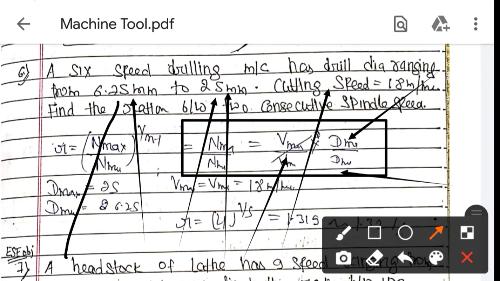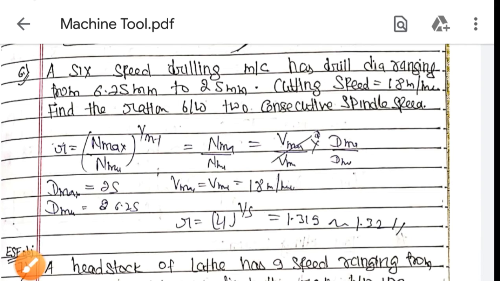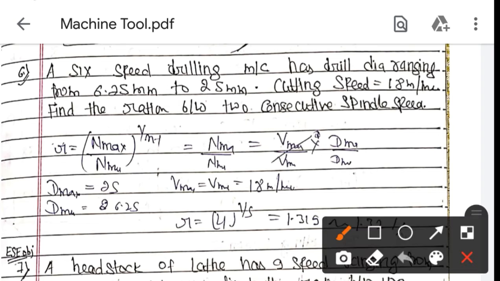Then we need to find r. What is r? R is N max divided by N min to the power 1 by N minus 1. From this we find r, which is 1.319, approximately 1.32.